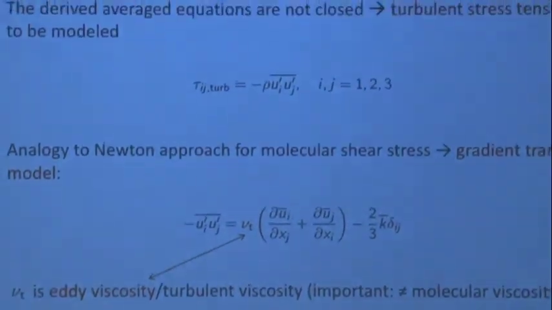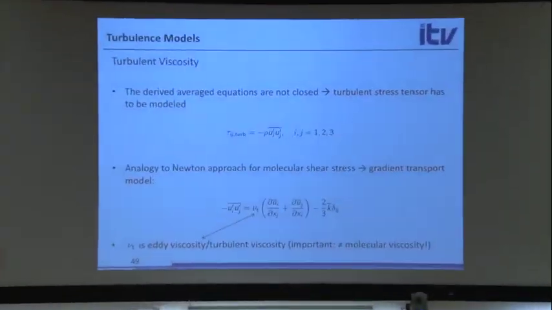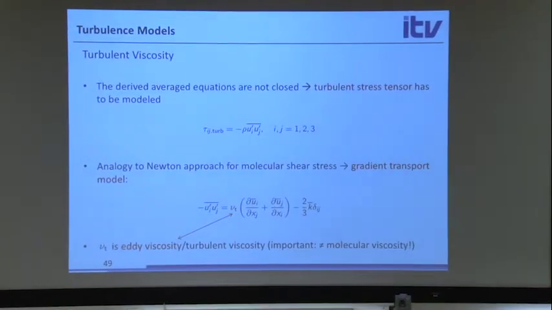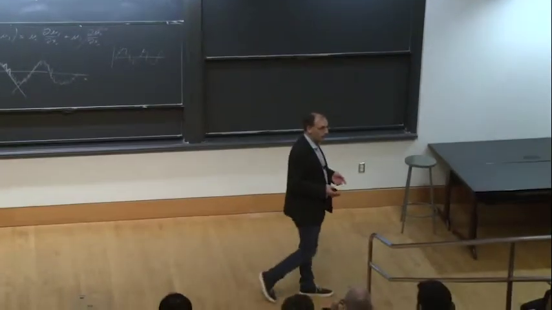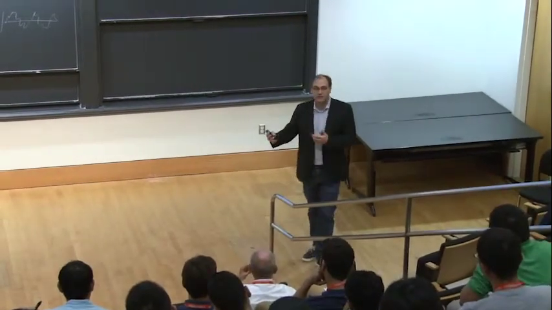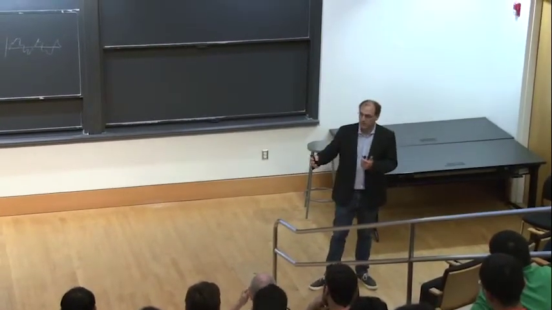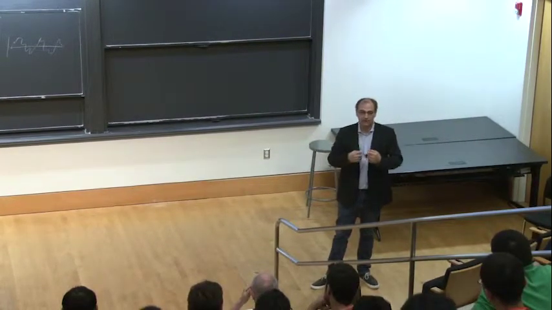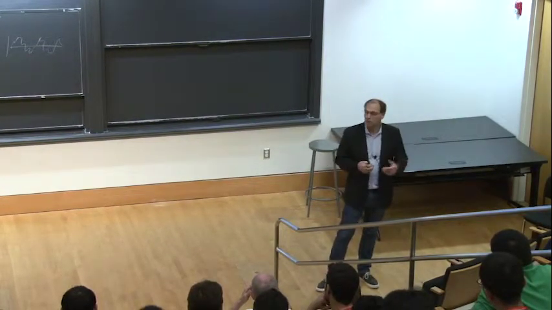Okay. So the easiest and also the most common approach is to say, as we said earlier, mathematically this thing looks a lot like the viscous stress. And because it looks like the viscous stress, it might act on the flow in a similar way.